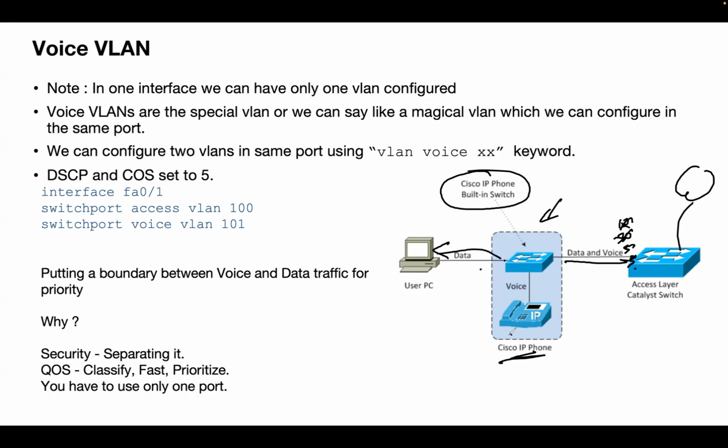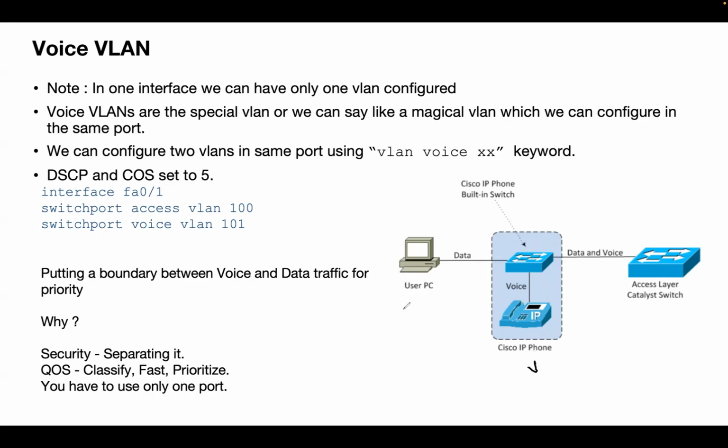So your telephone has two things built in, a switch and an IP phone. When it has both of them, your telephone voice traffic and data traffic both have to come on the same link. On the same switch port, both your voice traffic as well as your data traffic will come.